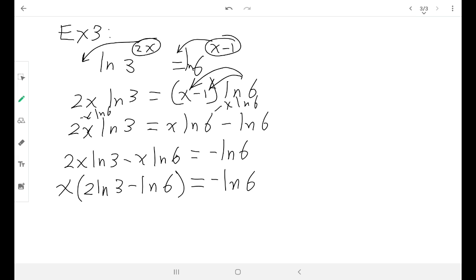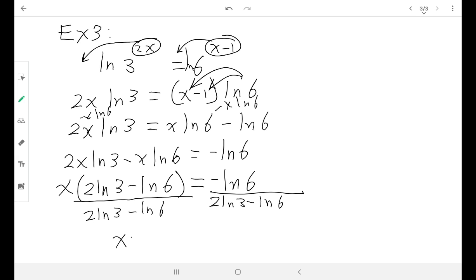And that's going to allow me to finish the problem, because now that I have the x multiplied by this whole big thing here, I can just divide by that whole big thing on both sides.